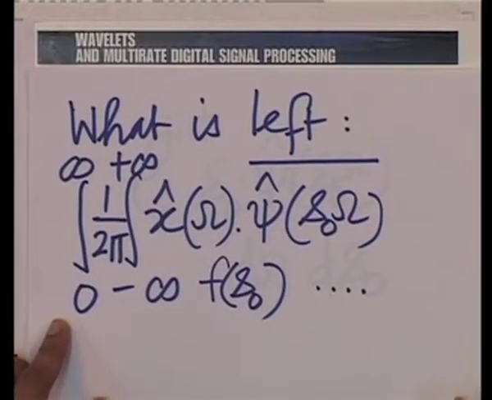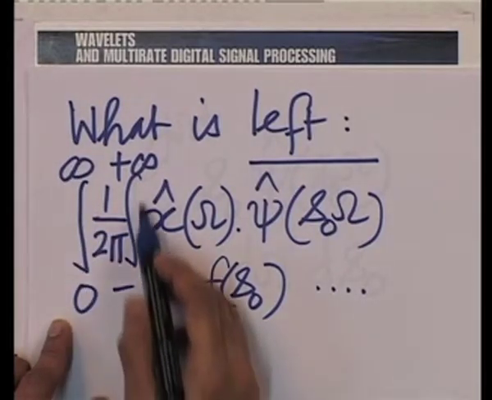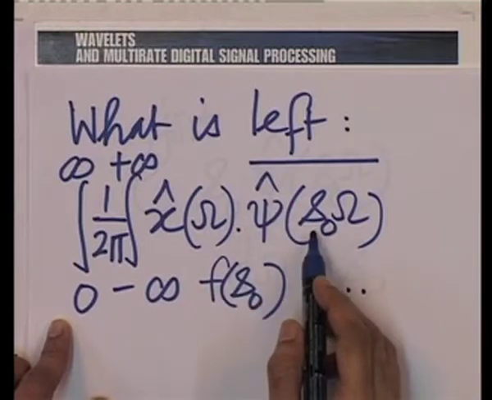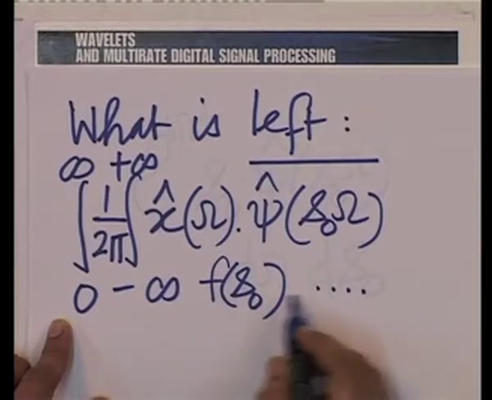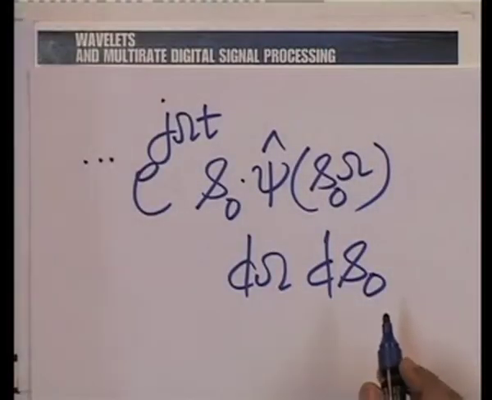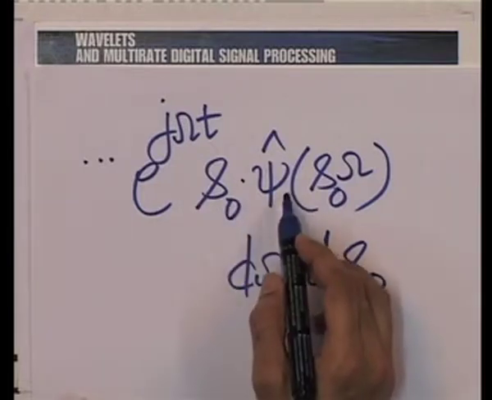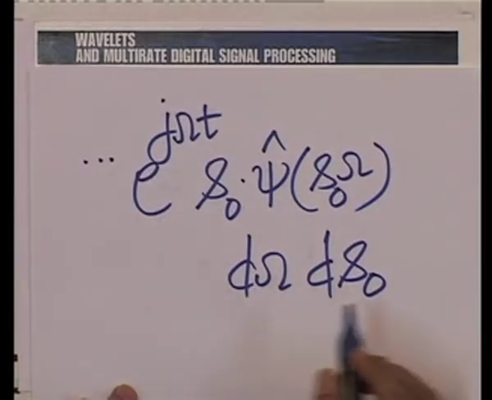We need to write it once again. You have an integral on S naught outside, an integral on omega inside. X cap omega psi cap S naught omega complex conjugate, a weighting function in S naught, and then e raised to the power j omega t S naught psi cap S naught omega integrated on omega and then on S naught. And now we will use the standard trick again.